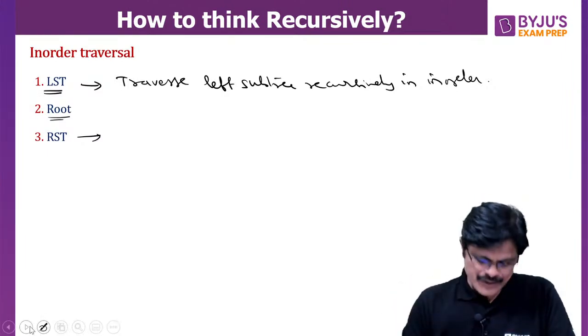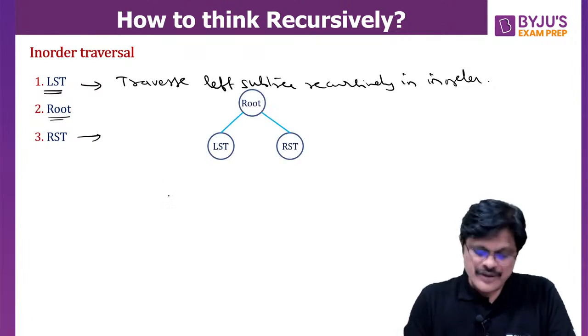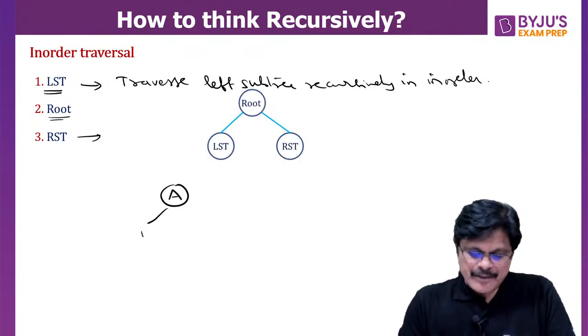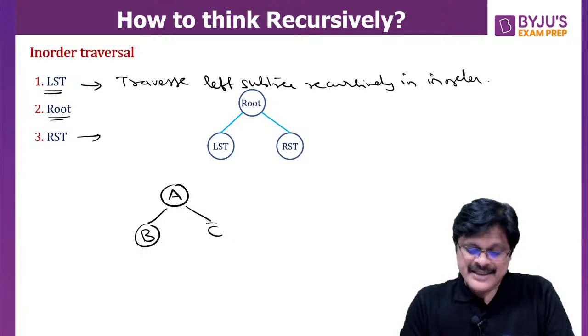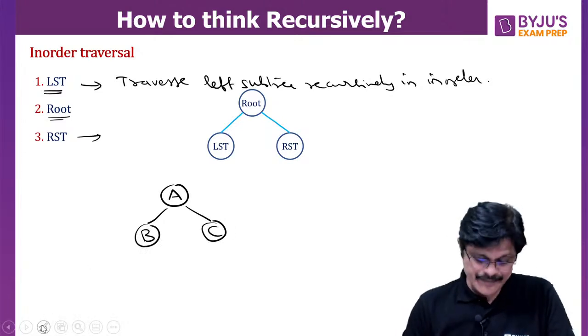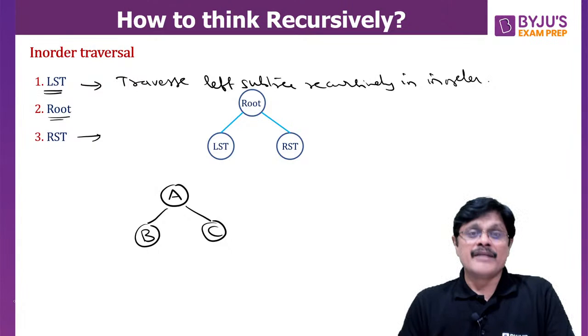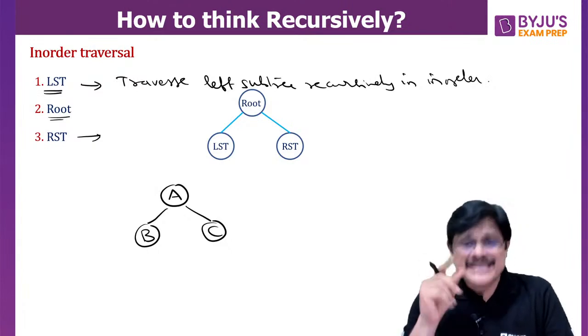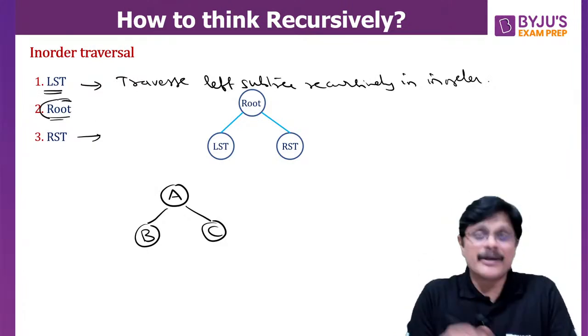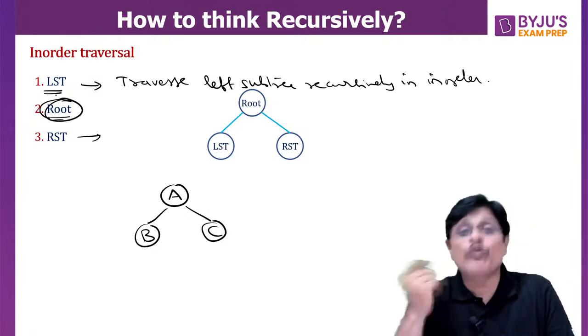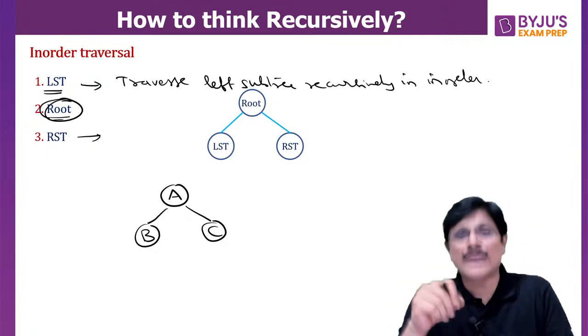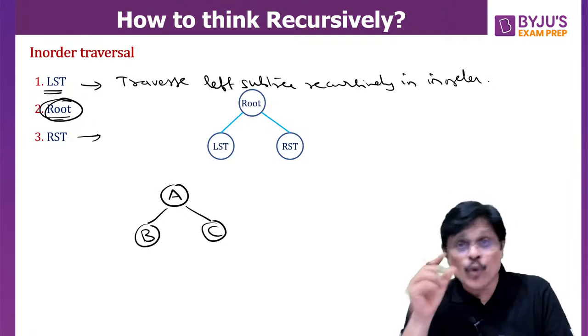Okay, so let us see this. So this is the story. So if I take a simple binary tree A, B, C. Based on where the root is printed, we get pre-order, in-order and post-order. In pre-order, the root node is printed first.